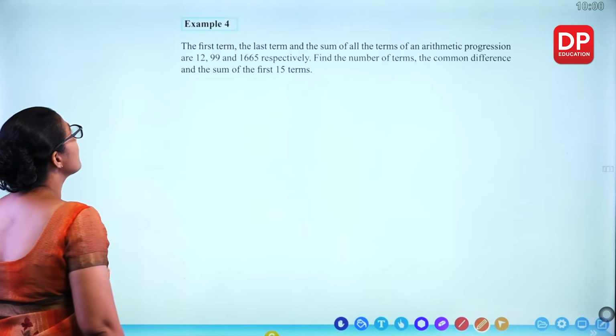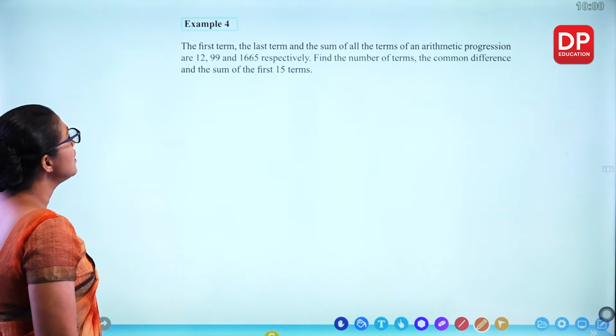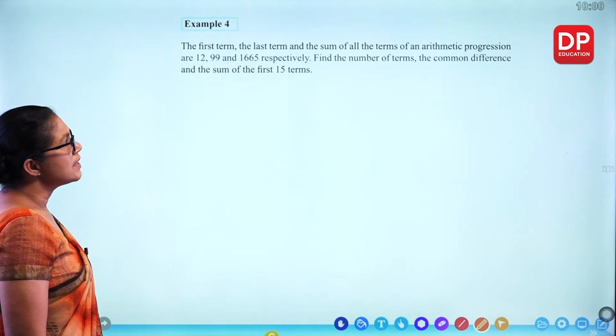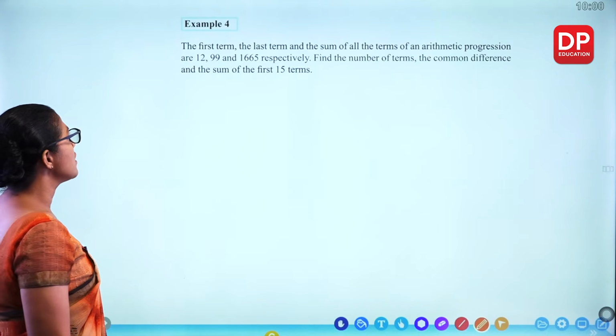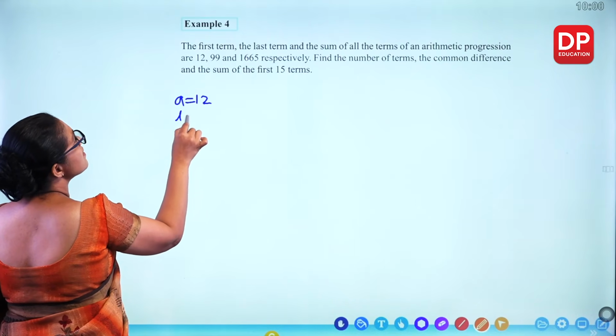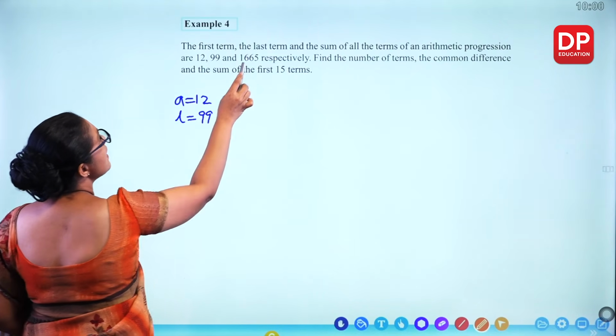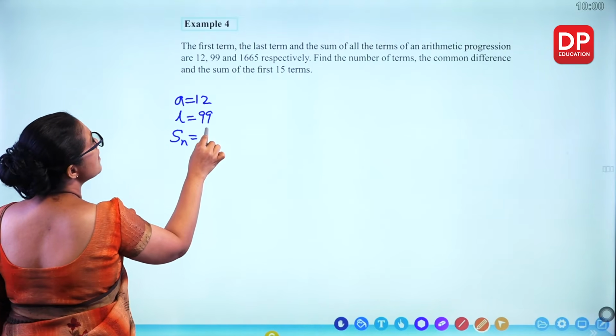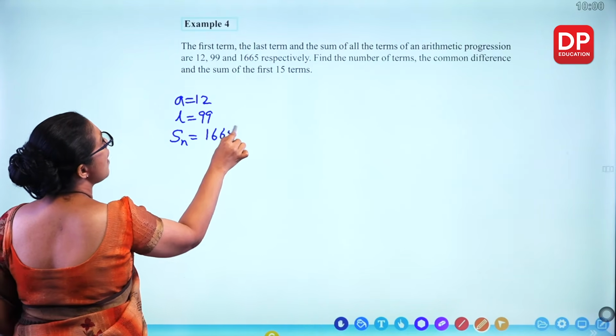Example number 4. The first term, the last term and the sum of all the terms of an arithmetic progression are: first term is 12, last term is 99 and the sum of all terms is 1665.